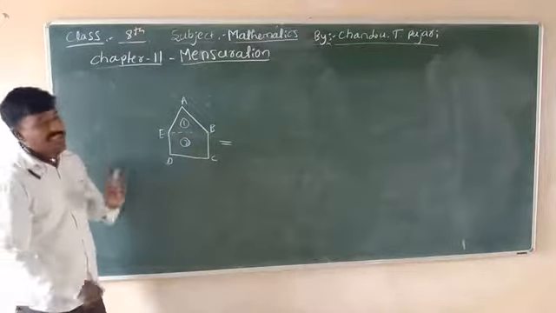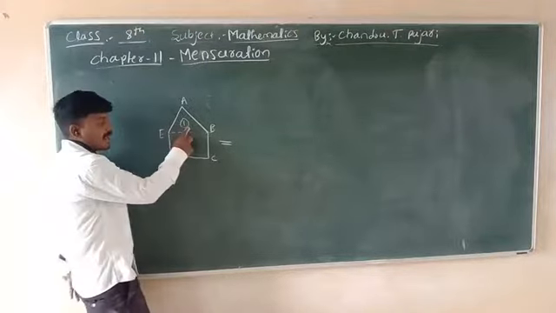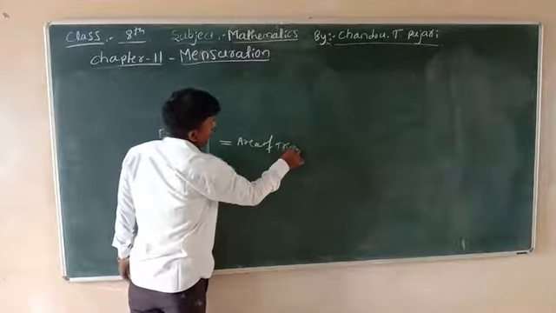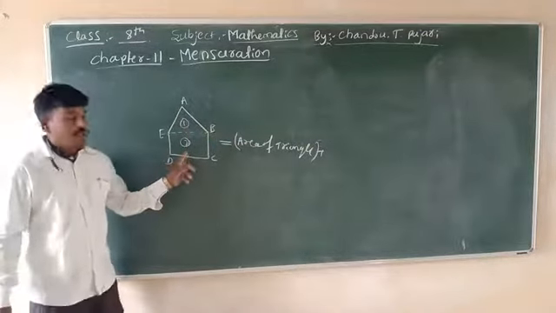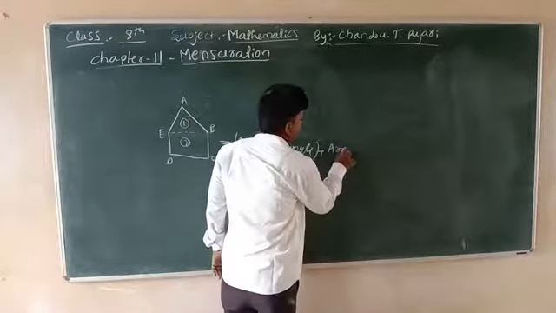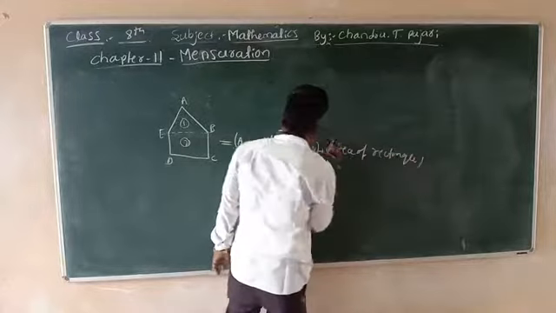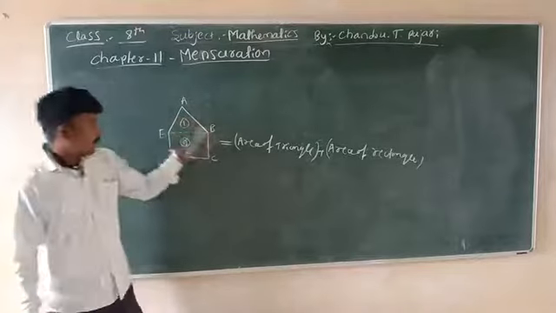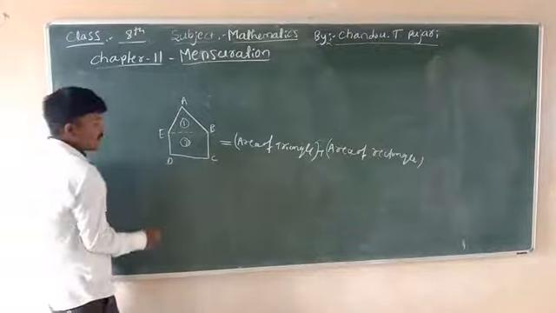You can find out the area of the pentagon. The first one is the area of a triangle, plus the second part, the area of a quadrilateral, otherwise the area of a rectangle. You can solve the area of the pentagon by this line, one portion and second portion. The pentagon is over. Next one is hexagon.